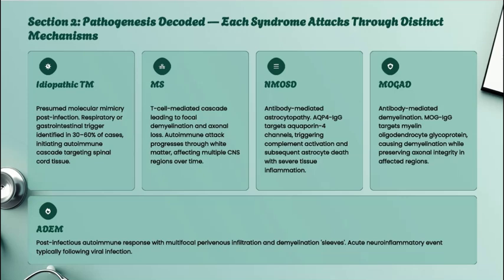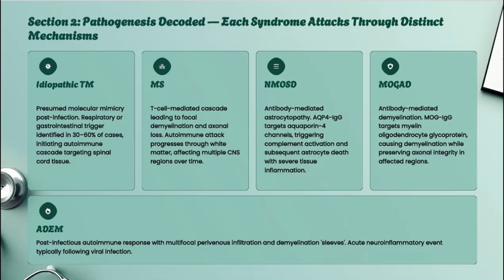In multiple sclerosis, the dominant process is a T-cell-mediated autoimmune cascade. This leads to focal CNS inflammation, demyelination, oligodendrocyte injury, and progressive axonal loss over time. In neuromyelitis optica spectrum disorder, the pathology is fundamentally different.